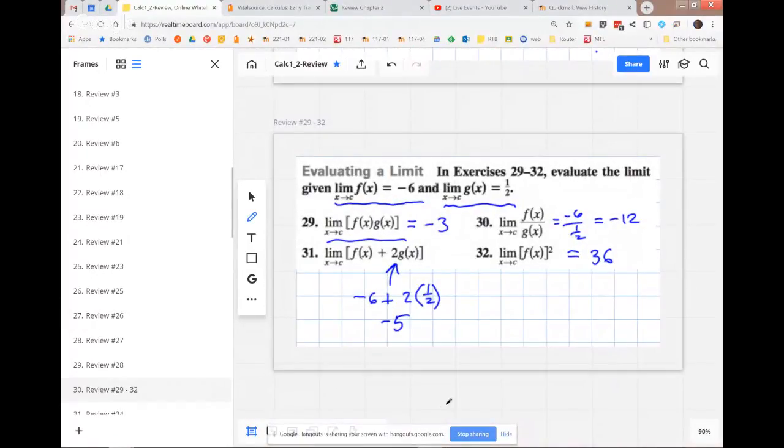So let's look at this section from 29 to 32. Let's look at 29. It says in the directions, you're given that the limit of f of x as x approaches c is -6, and the limit of g of x as x approaches c is 1/2. So what's the limit of f of x times g of x as x approaches c? Well, you knew those individual limits, right?